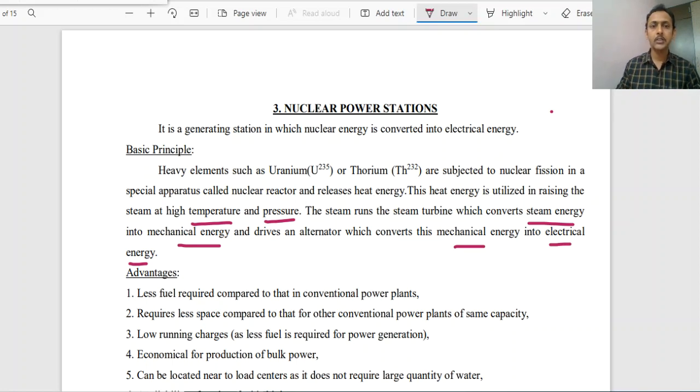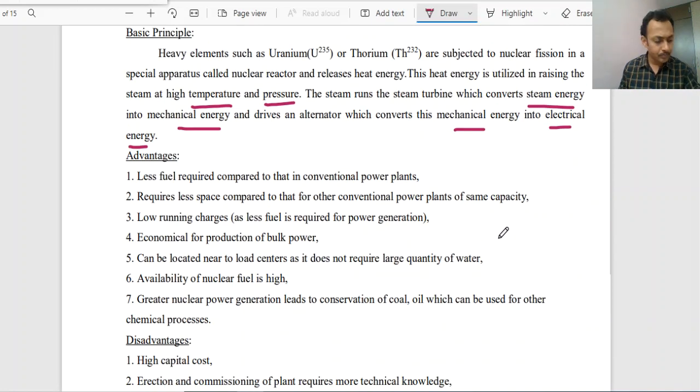Dear students, coming to its advantages, compared to the thermal power plant which runs on coal or oil or gas, it is going to require less fuel. It is also going to occupy less space, and the running charges while operating the plant will be low.